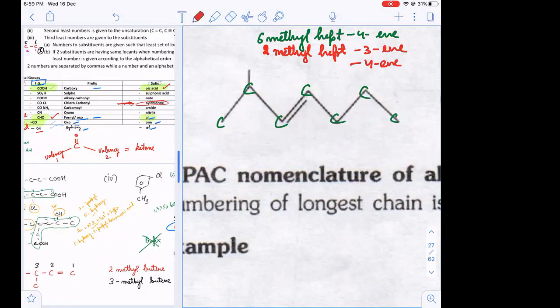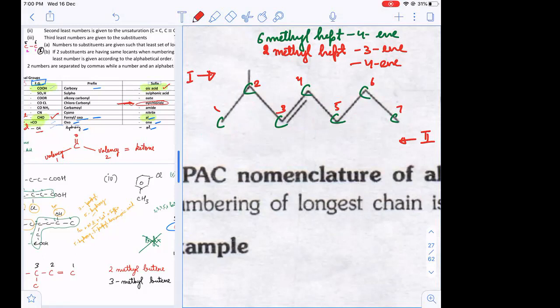Let's start numbering. Now I'll be putting numbers from two sides. First side, I'll put numbers from left to right, and second side, I'll put numbers from right to left. So first one, I'm putting 1, 2, 3, 4, 5, 6, 7. So definitely this is a hept.